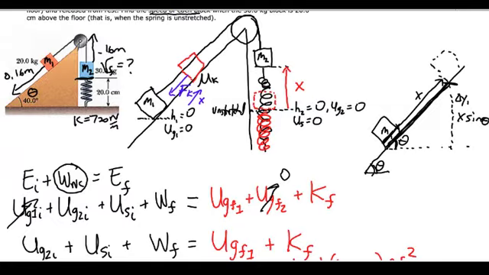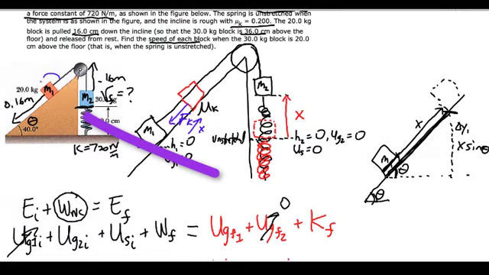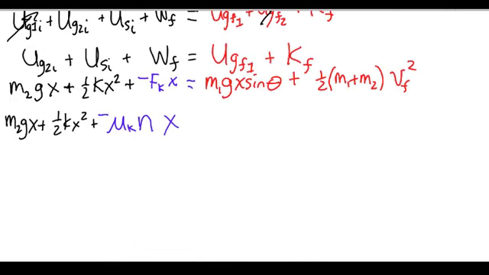Let me just go back up to this. In this situation right here, is the normal force mg? No. It's a Newton's laws problem to show this, but the normal force is going to be mg times cosine of theta. This is the normal force right there.